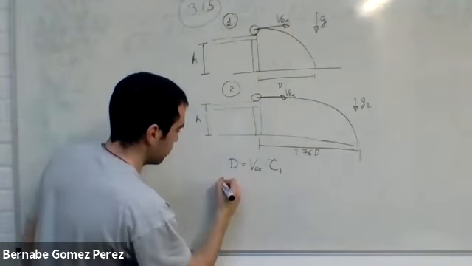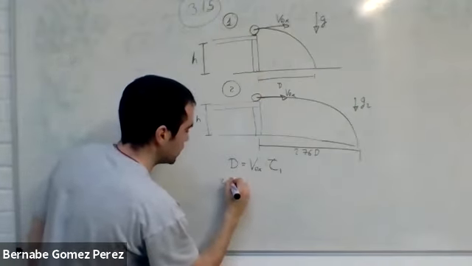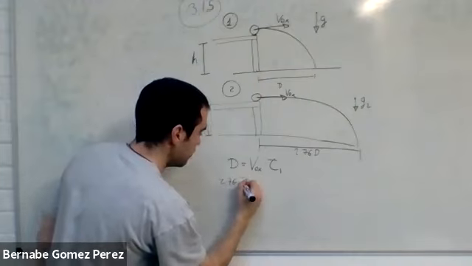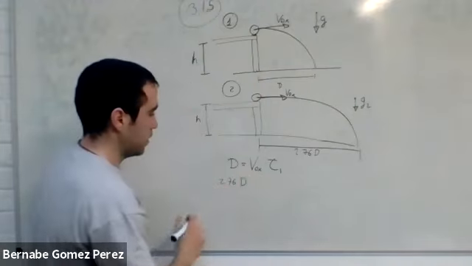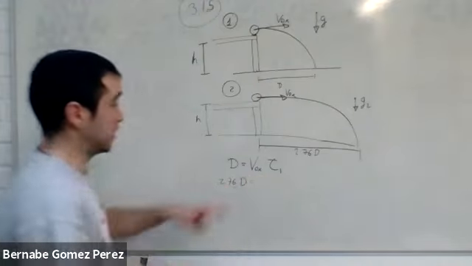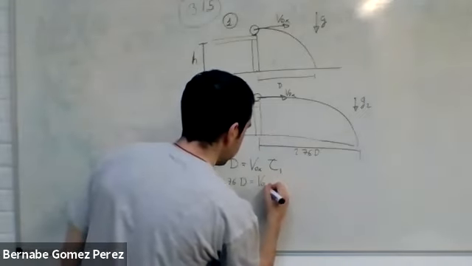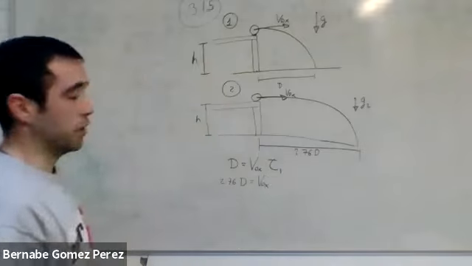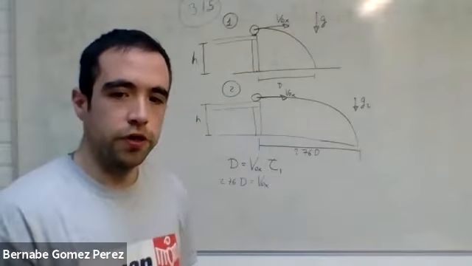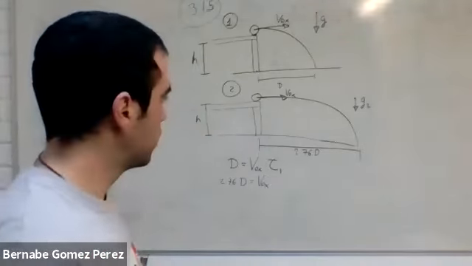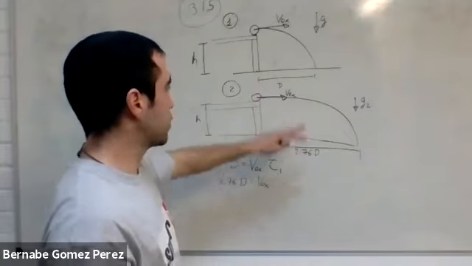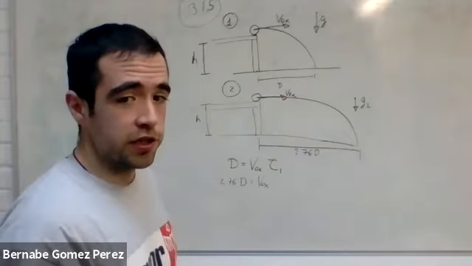In the second one, we have that 2.76 d is gonna be equal to the same speed, v0x, but now the time is gonna be different. We have just mentioned that this ball is gonna take longer than this one to reach the floor.